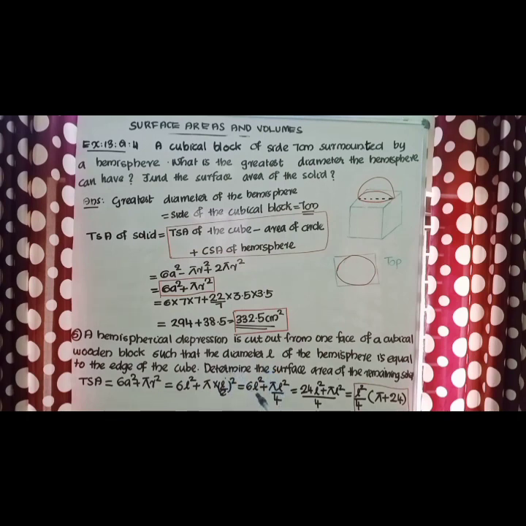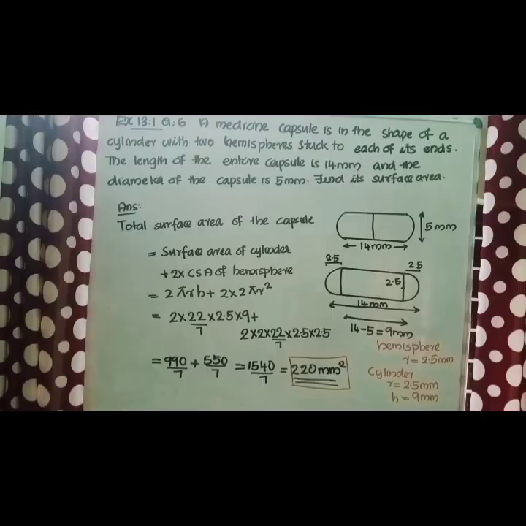That is equal to 6L square plus pi L square by 4. Cross multiplying, we get 24L square plus pi L square by 4. L square by 4 we can take outside. We get pi plus 24 remaining.